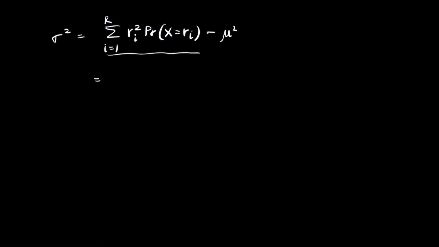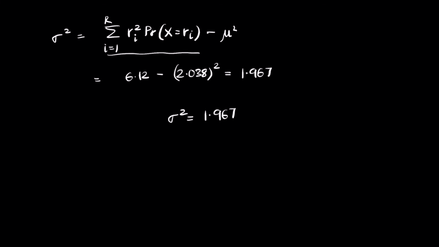When you want to calculate sigma square, we know the formula is the sum from i equal to 1 to r of xi square into probability of x equal to xi, but here xi is given as r, so we can replace the formula with ri square into probability of x equal to ri, minus mu square. So this entire value is 6.12 minus mu, which is 2.038, square. That gives you a value of 1.967. So sigma square is 1.967.